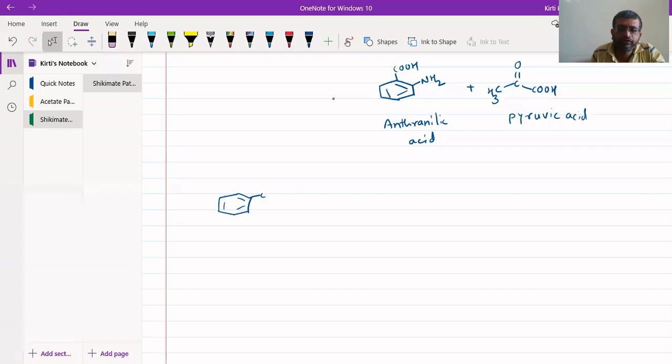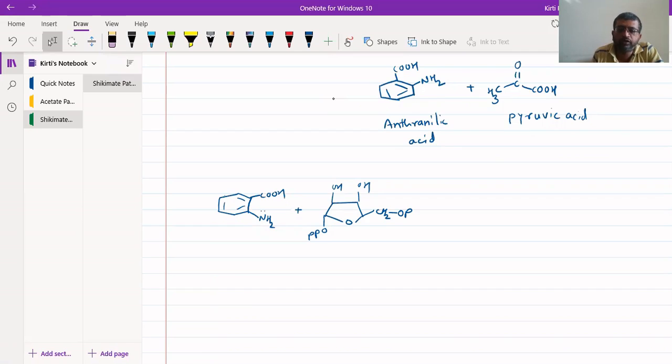Here we will have a COOH, and here an NH2 will be reacting with, let this be our pyrophosphate group. This will be the fifth group OP, and here we will have OH, and here an OH. So this becomes our ribose.